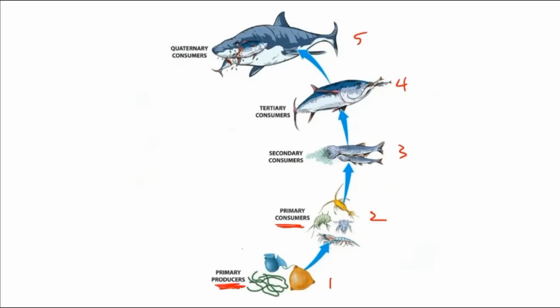The arrow goes that way. That's because what we're actually showing is the energy transfer. The energy from one organism, when it gets eaten by something else, that energy gets absorbed into the second organism, okay? So we're not saying this eats that, we're saying the energy moves from this organism to this other one.